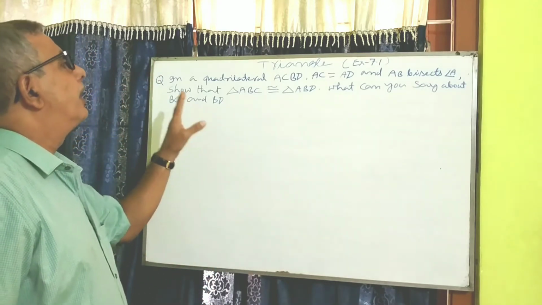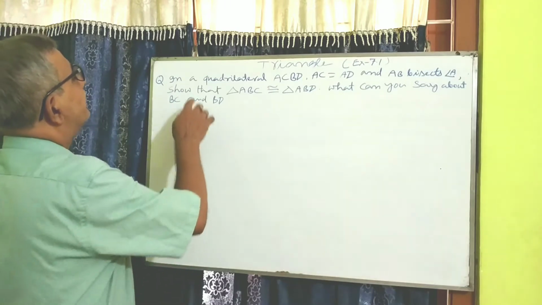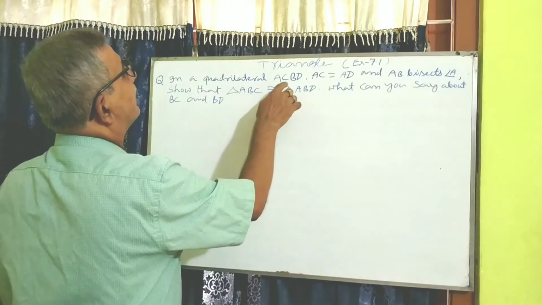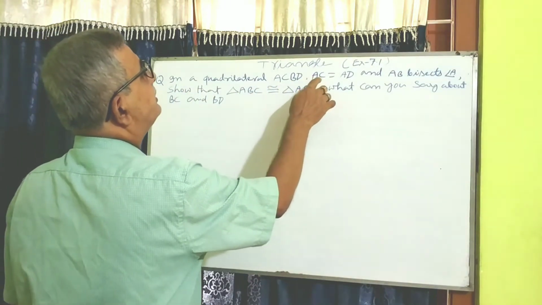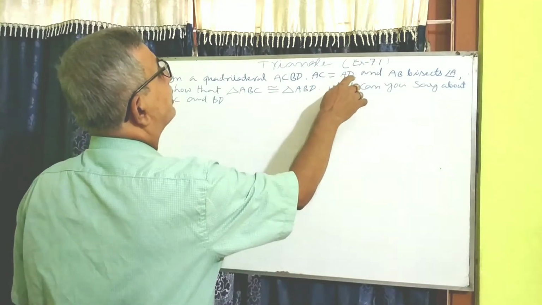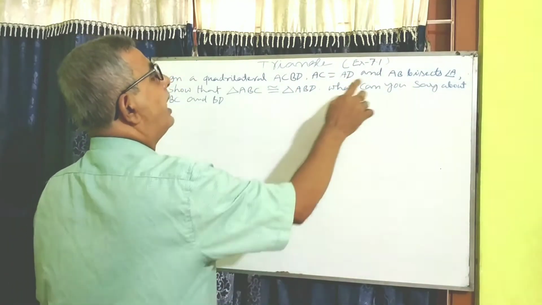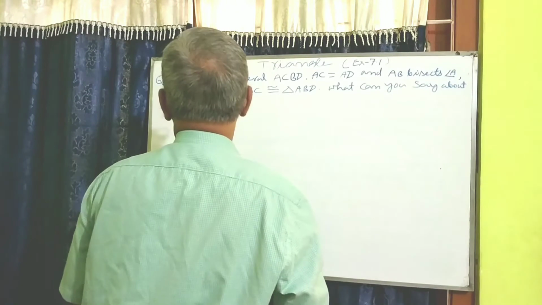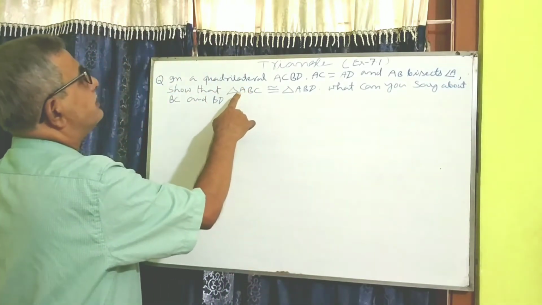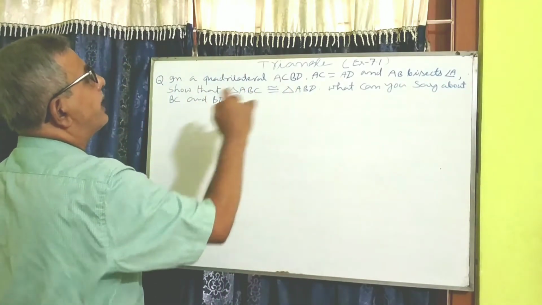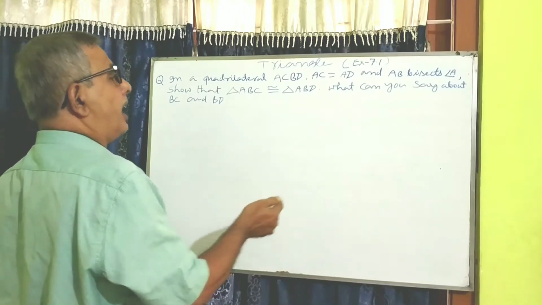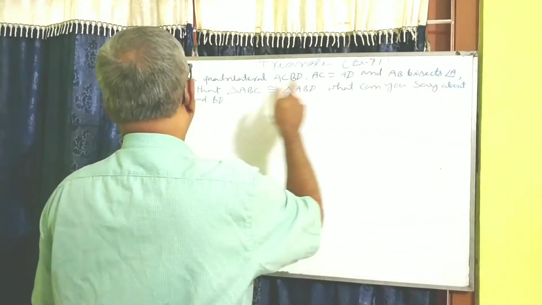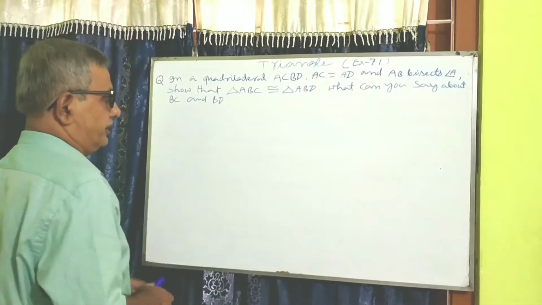Here, the question is given like this: In a quadrilateral ACBD, AC is equal to AD and AB bisects angle A, so that triangle ABC is congruent to triangle ABD. What can you say about BC and BD?